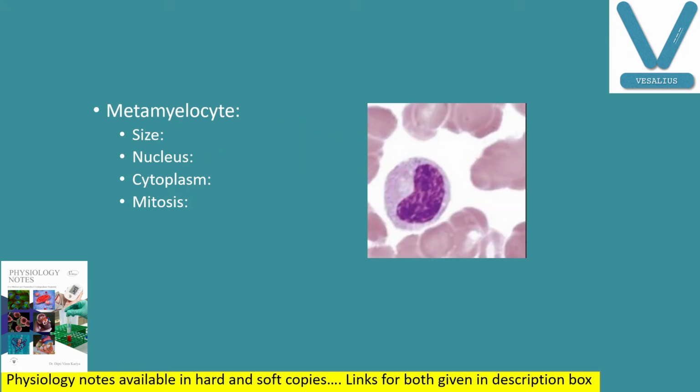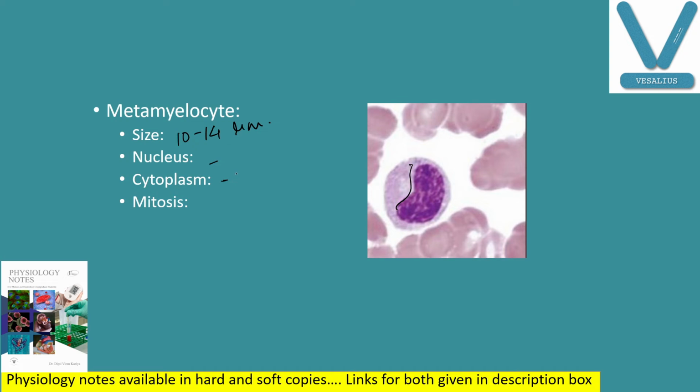Next stage is metamyelocyte. Here again size decreases; it is near to the mature neutrophil, eosinophil, basophil, 10 to 14 micrometer diameter. Nucleus decreases in size and becomes indented. You can see here the slight indentation, a depression. Nuclear chromatin is dense and clumped, and nucleoli are now absent. The amount of cytoplasm increases, and primary and secondary granules are present.